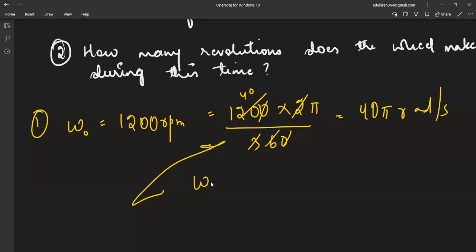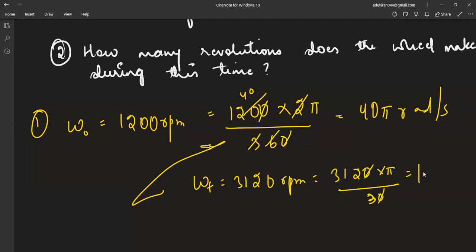Coming to final velocity, this is 3120 RPM. So just 3120 multiplied by pi by 30 or 2 pi by 60, both are the same thing in any case. Zero will be cancelled, 104 pi radian per second.